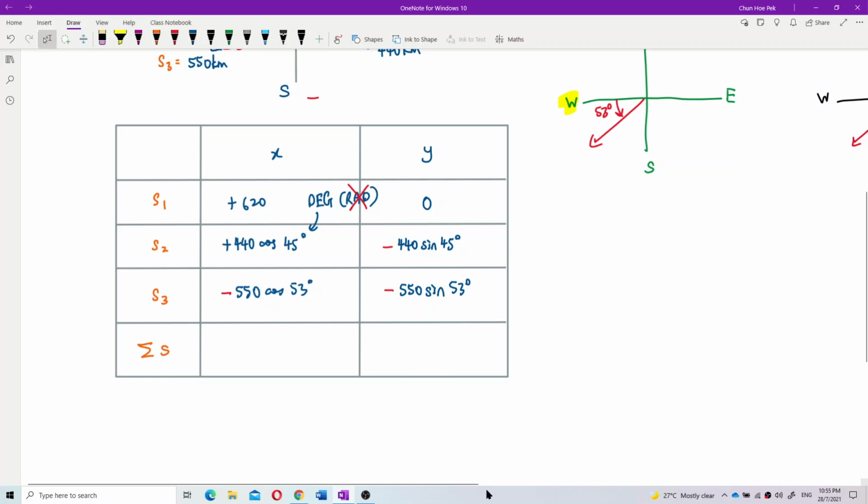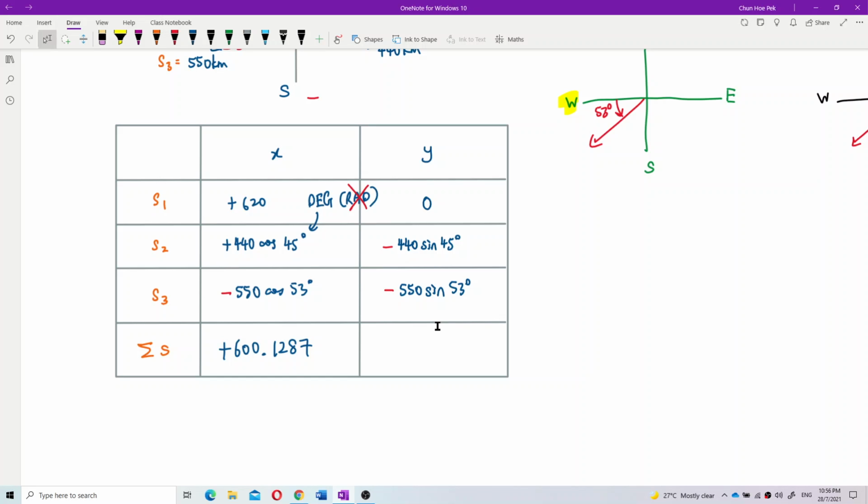Let me total up. So I calculated the x component. I got positive 600.1287. Better write 4 decimal places, more accurate. Maintain as many decimal places as possible. Four decimal places, and only the final answer you give 2 decimal places. And then the y component, let me calculate.